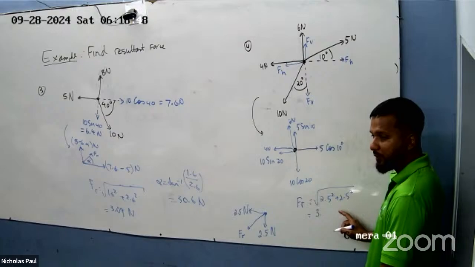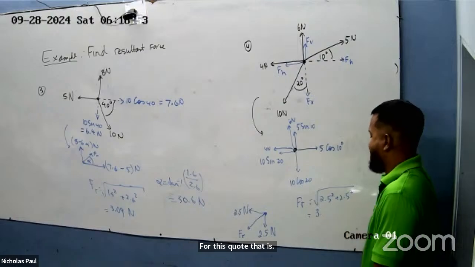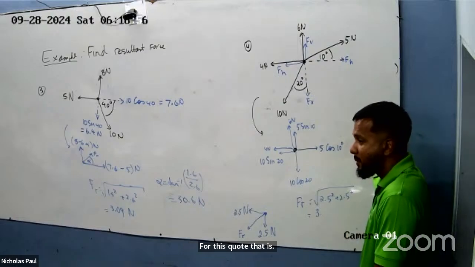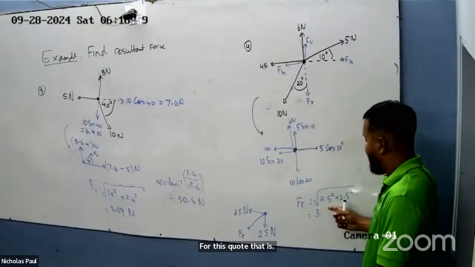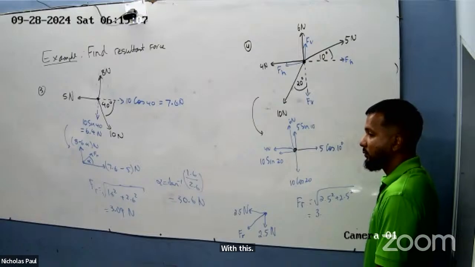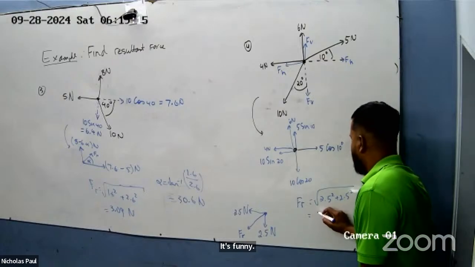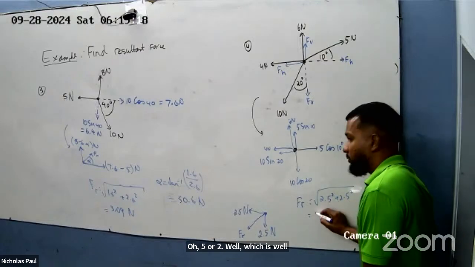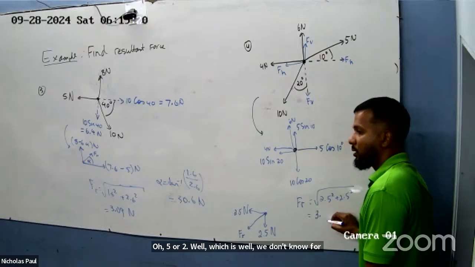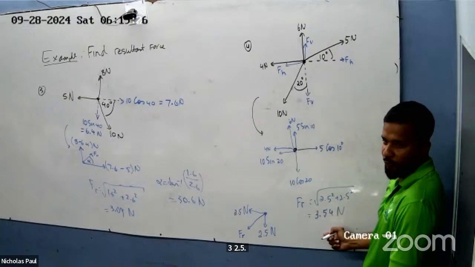It's 5 root 2, which we don't round up, but you can round up. 3.54, because we already rounded up, so no need to.